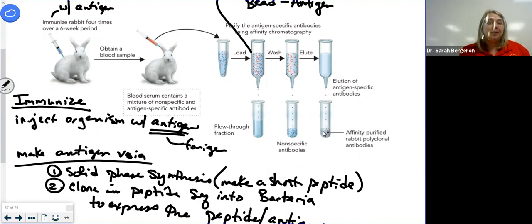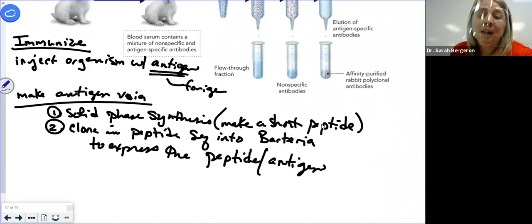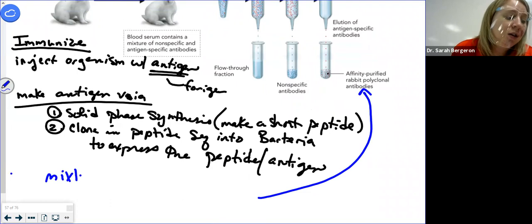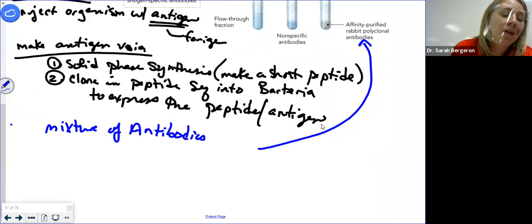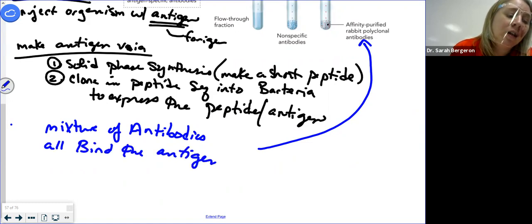Now, are they all the same? No. So this is really a mixture of antibodies. They all bind the antigen, but at different what?